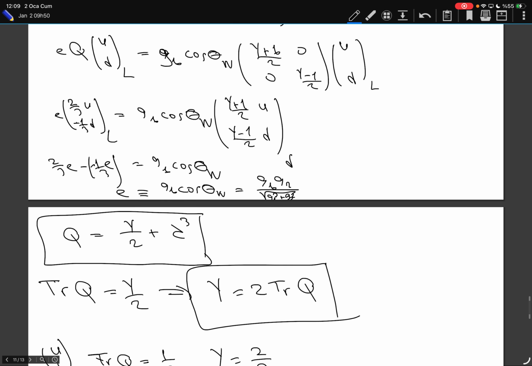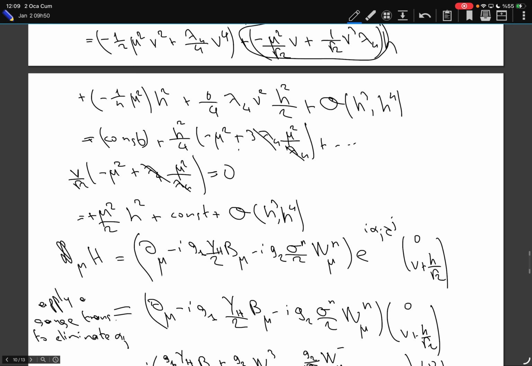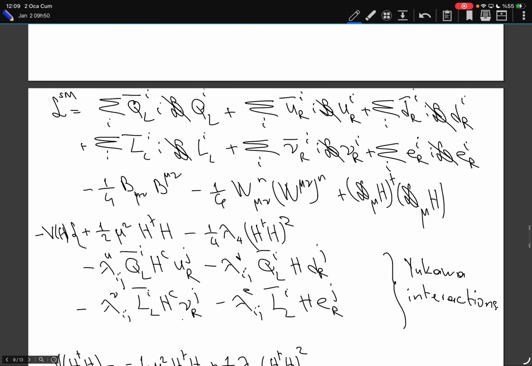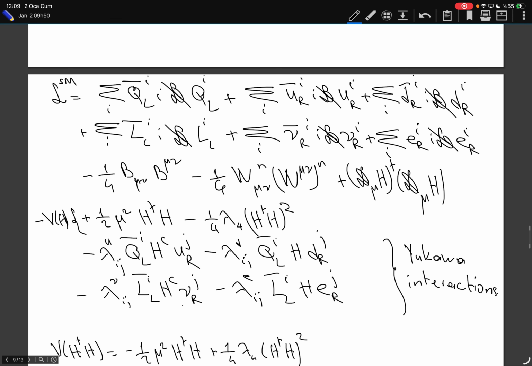Now let's go back to my Lagrangian. Let me look at the left-handed fields and the right-handed fields. Okay, I gave them the same name, but who tells me that UL is the left component of the up quark field, and UR is the right-handed component of the same field?